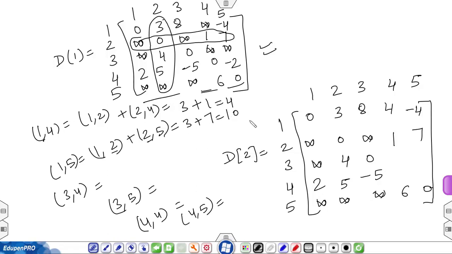So 7 plus 3 is 10. Is 10 less than minus 4? No. So that's why I'm writing here minus 4. Now third column values are 5 and 11. Here is 0, minus 2. So this is the overall D2 matrix.